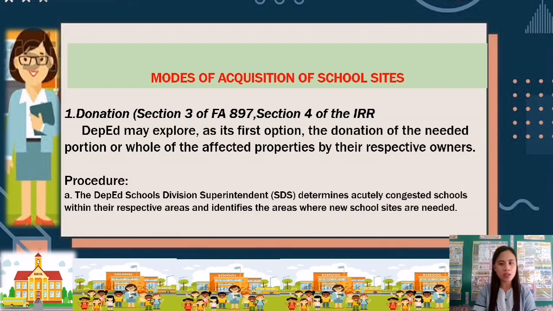And here are the procedures. A. The DepEd Schools Division Superintendent, or the SDS, determines the acutely congested schools within the respective areas and identifies the areas where new school sites are needed.